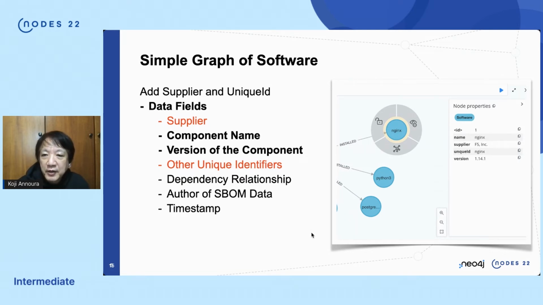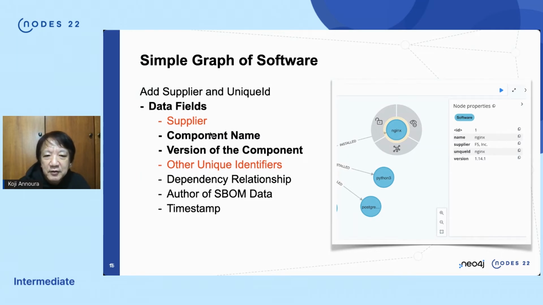And the Nginx supplier is F5 Inc. It's not Nginx Inc. I put that as the supplier here, and I choose a unique ID that is the same as the name. So I set the 4 fields: supplier, component name, version of the component, other unique identifiers.